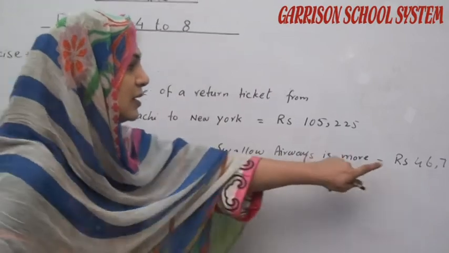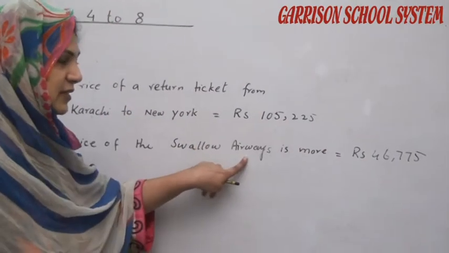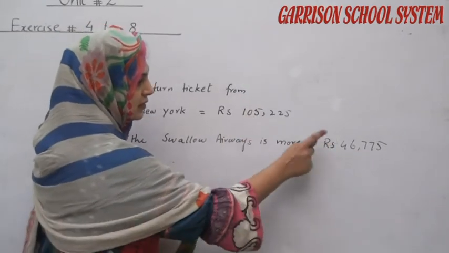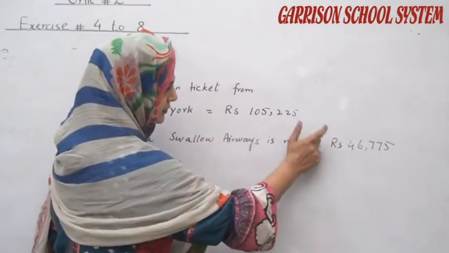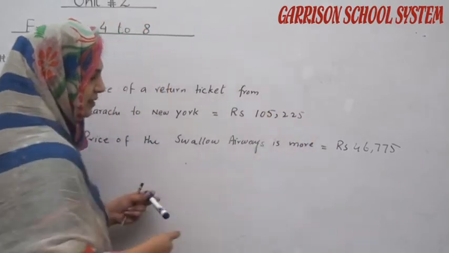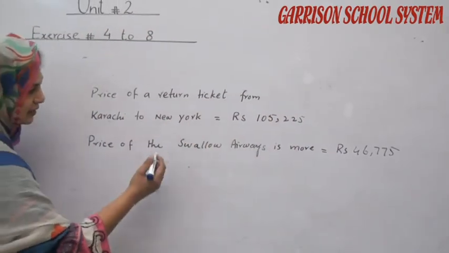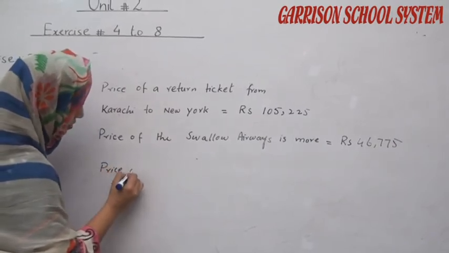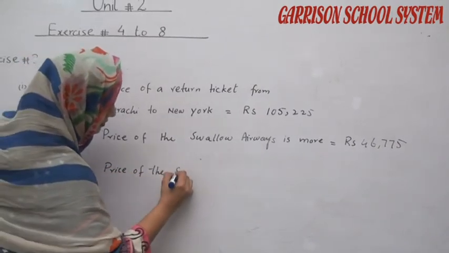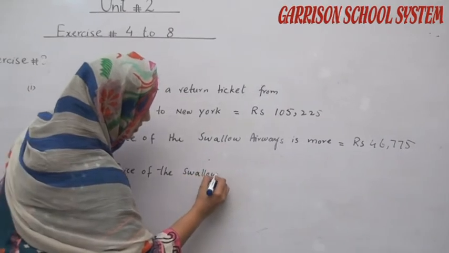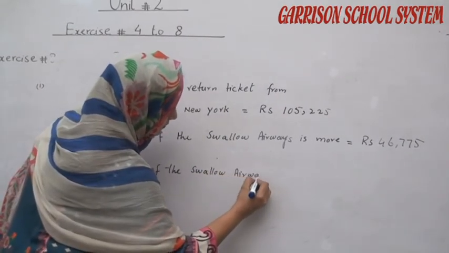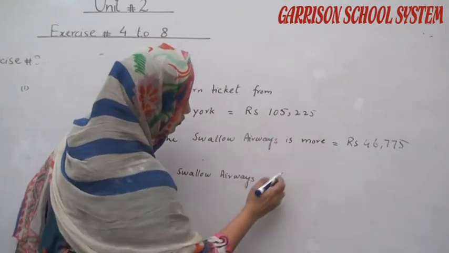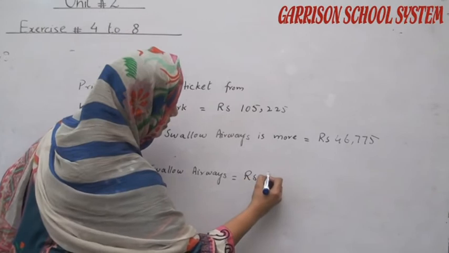It is not the price of Swallow Airways ticket. Its price is more than this price, so we have to add the number. We can write here price of the Swallow Airways, because it is more than this, so we have to add this number.